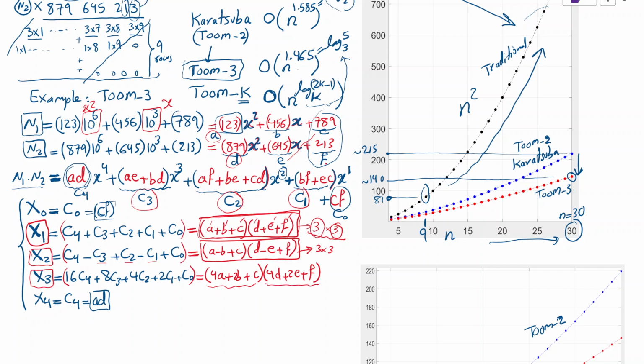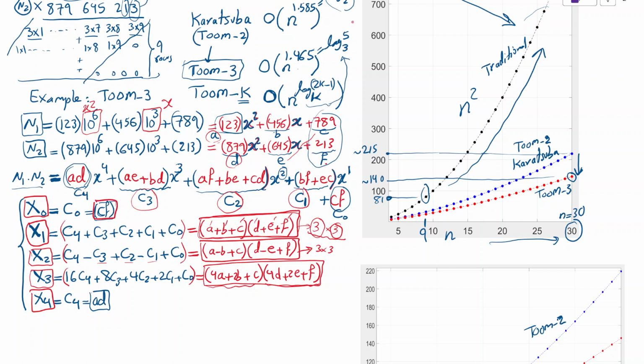So the message or the method is this. With the formation of these 5 new variables as a function of the coefficients C0, C1, C2, C3, C4, we are effectively just dealing with 5 3 by 3-digit multiplications that I am showing in red color.